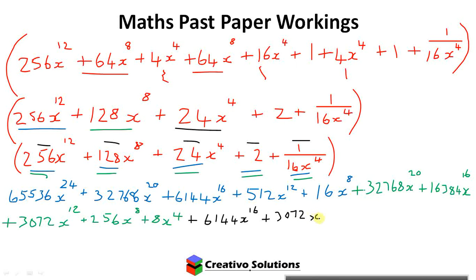No, 128 times 24, x to the 12, not 16, 12. Right, then 24 times 24 is 576, it'll be x to the 8. Okay, then 24 times 2 is 48, 48x to the 4.